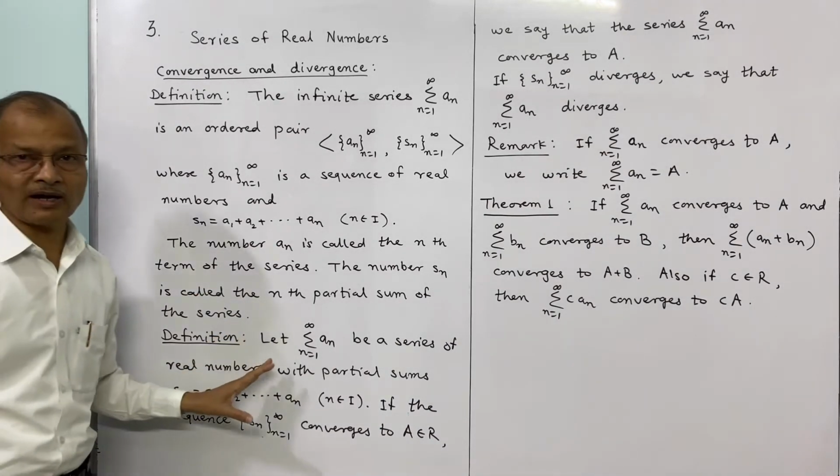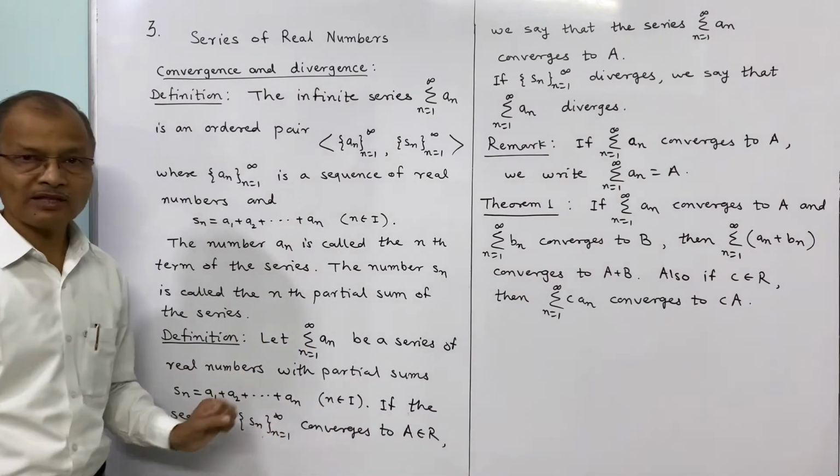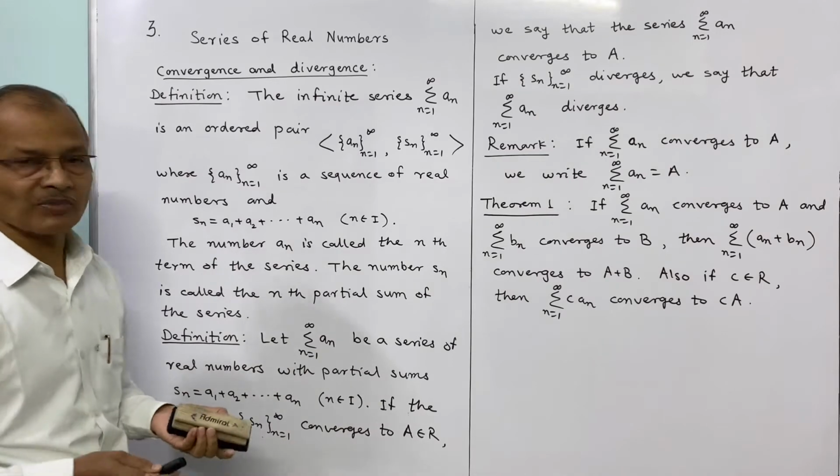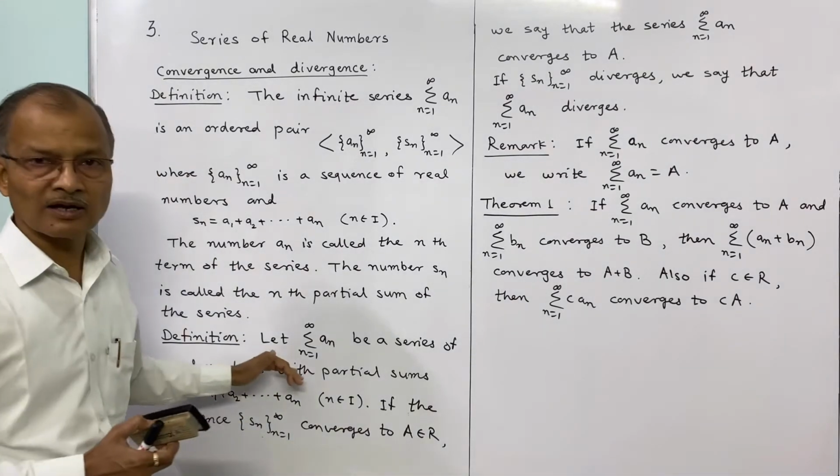Now we define the convergence or divergence of the series. When the series is said to be convergent and when it is said to be divergent is given in this definition.